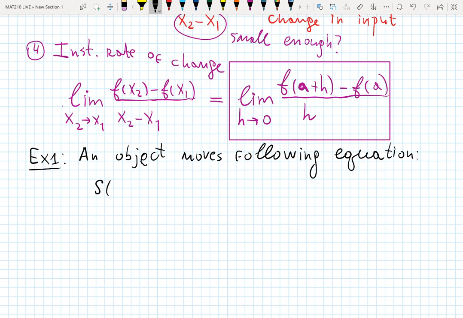In this case, it's displacement, or basically distance. Displacement is distance with the direction. Let's say it's a cubic function, t cubed plus 30t plus 100.